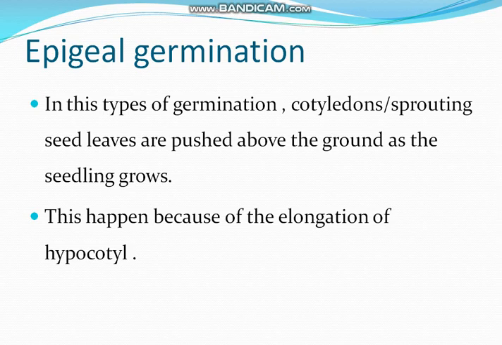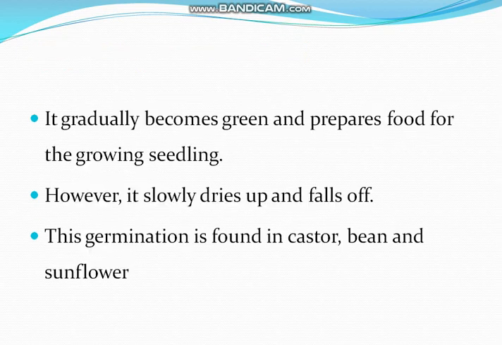Then moving to what we mean by epigeal germination. In this type of germination, the cotyledons or the sprouting seed leaves are pushed above the ground as the seedling grows. This happens because of the elongation of the hypocotyl. Then it gradually becomes green and prepares food for the growing seedling.